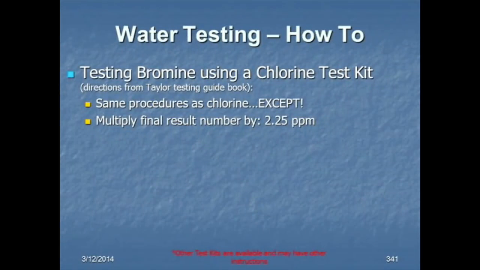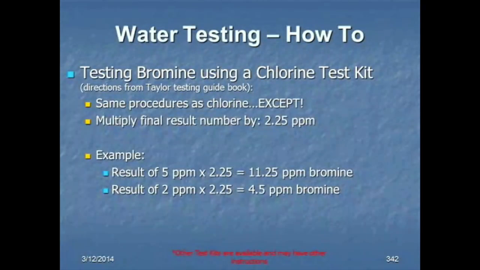Your final number with your chlorine kit in that pool, you're going to multiply that final result by 2.25 parts per million. Then that will tell you the amount of bromine in your pool. So if you had a 5 part per million test result with your chlorine test kit in your bromine pool, you multiply that by 2.25, you have an 11.25 part per million bromine concentration in that swimming pool.